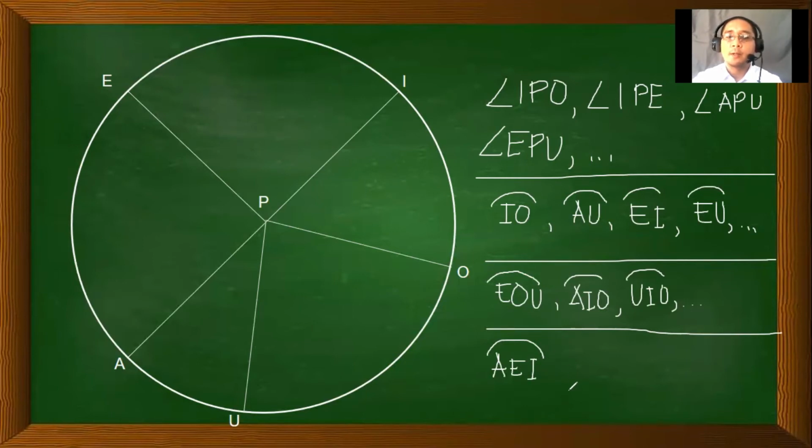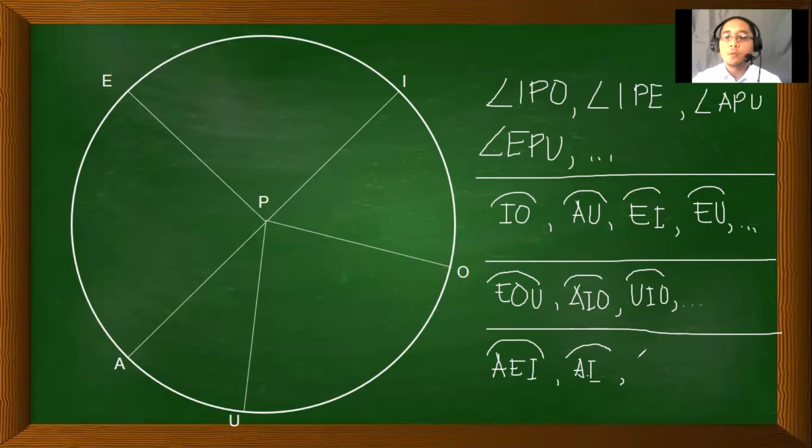You can also use two points, A, I. This is another answer for a semicircle.